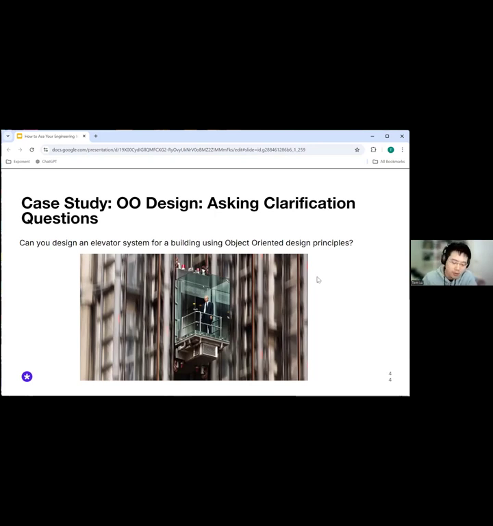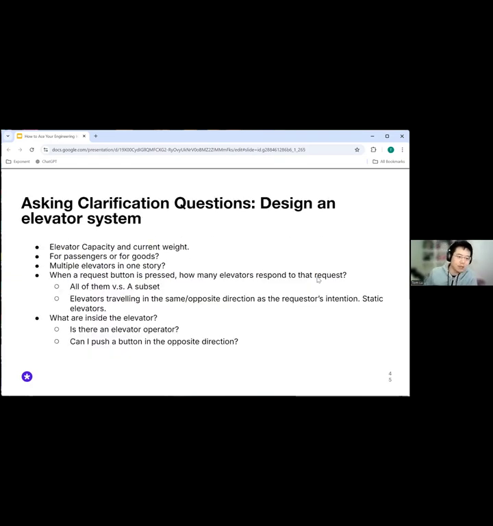Okay, so this is a very common, popular topic, but the point I'm trying to make here is what kind of clarification questions we can ask. For example, is the elevator mainly designed for passengers or for goods transportation? Do we have multiple elevators in one building, or is there only one elevator in the system?